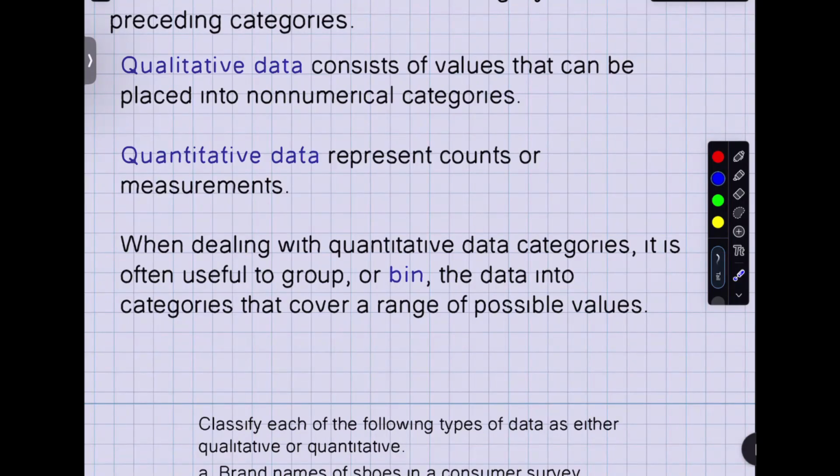So if you use 1, 2, 3, then the next one has to be 4, 5, 6. Next one has to be 7, 8, 9, and so on and so forth. If I decide to use 1, 2, 3, 4, then the next one has to be 5, 6, 7, 8, and so on and so forth.